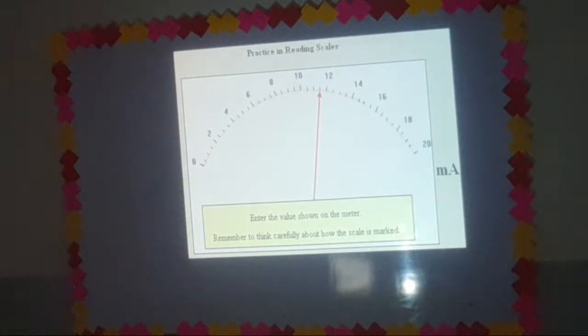No. Is this voltmeter? Tell me, waiting for your response. Is this ammeter? Yes, this is ammeter.